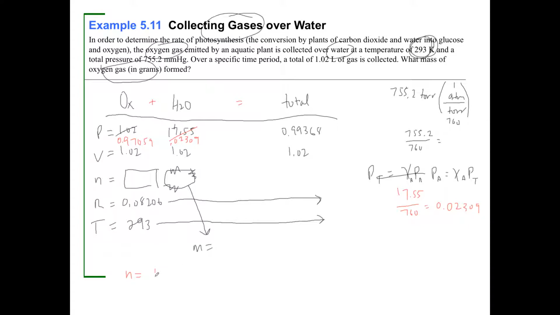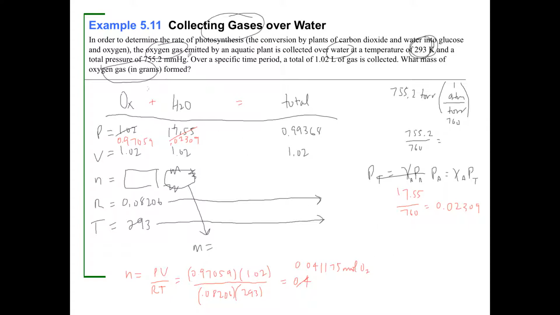Can you see that I now know this? n is equal to PV over RT, which is 0.97059 times V, which is 1.02, divided by 0.08206, divided by 293, which equals 0.041175 moles of oxygen gas.